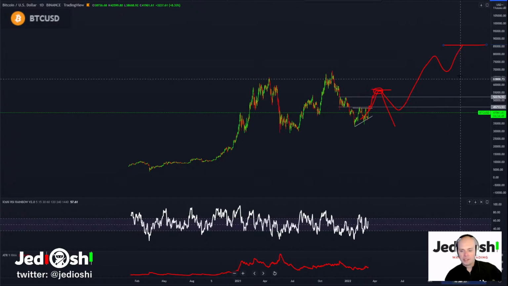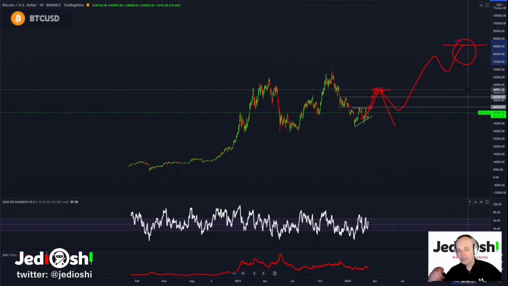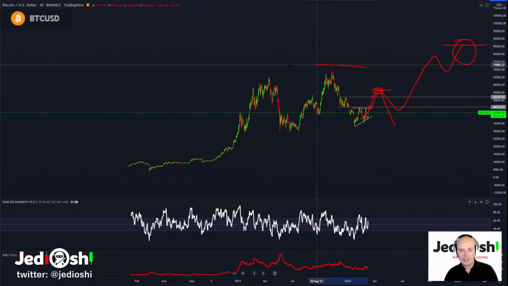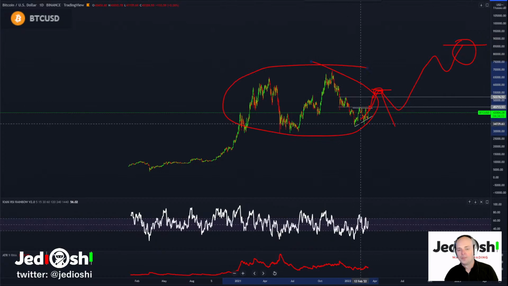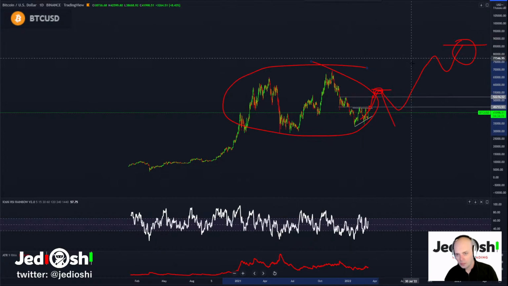We might have to wait until this top for really for alt season, right? For everything just to go nuts, parabolic. If it happens again, if this all plays out, this is a lot more mid-cycle than anything. If that's mid-cycle, then it may take longer for alts to do really well.